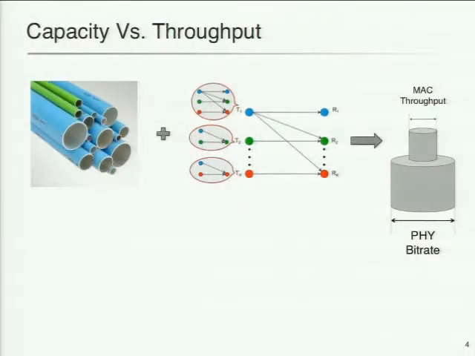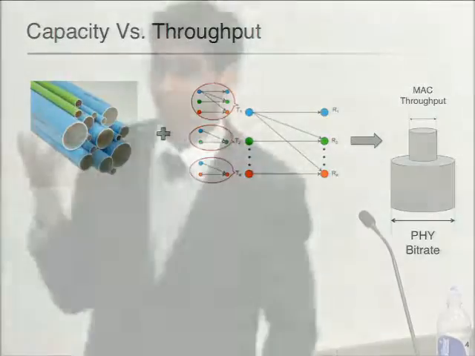But then, if you bring them together, this is what you get. The MAC layer or even the network layer throughput is only a fraction of the physical layer bitrate.